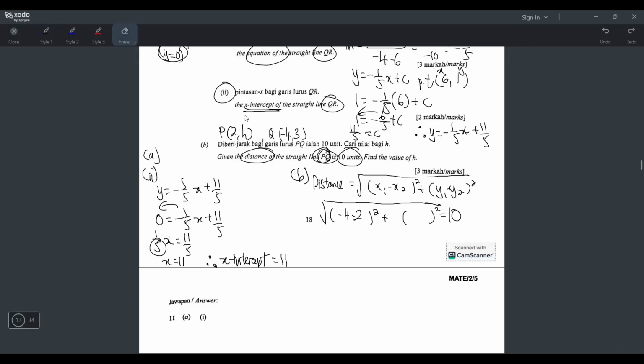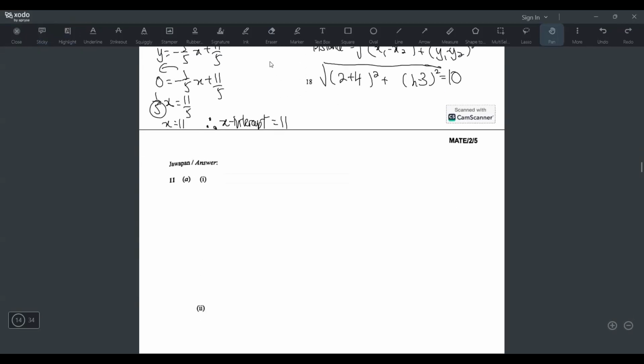Because your h is negative. Okay, let's do it the other way. So let's take 2 minus negative 4, which is 2 plus 4, and then h minus 3. The reason I choose this is because my h will be positive. If I do the reverse, my h is negative. Because they want to find h, I try to make it positive. But actually if your h is negative, it can also work, because later you can take the negative, right?